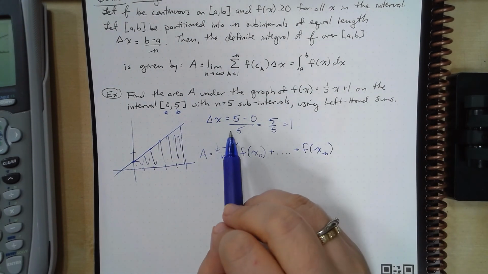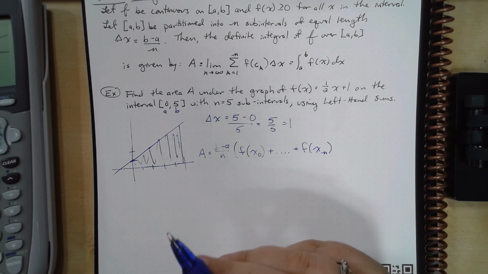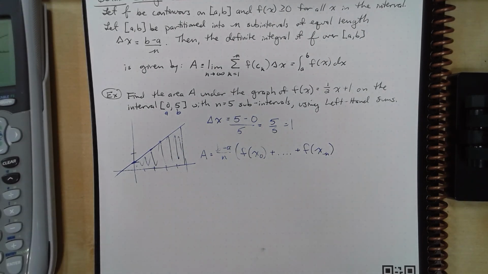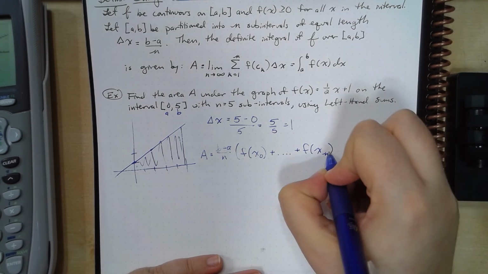I don't really love how this is written, but that is what the formula is. Let me check that before I go on. Okay, this is a minor thing, but I actually think that this is supposed to be n minus 1. But anyway, you'll see it as I do an example.